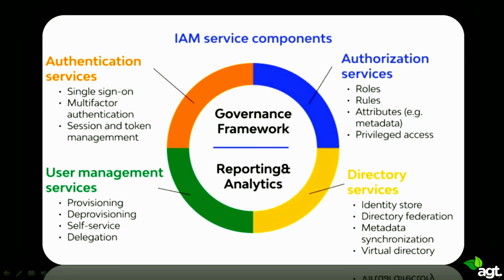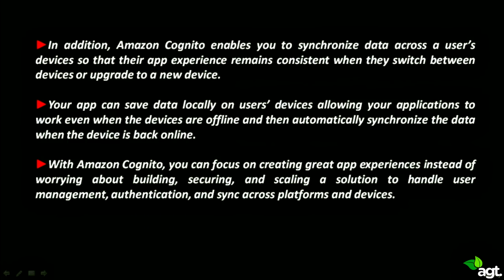As well, we need to understand that directory services are connected with the identity store, and that store level will be connected with directory federation, metadata synchronization, and virtual directory. This is a model of IAM service components, and it starts with the governance framework and the reporting and analysis process. So Amazon Cognito includes a number of identity and access management capabilities, which I have explained here. So what about the Amazon Cognito pricing?